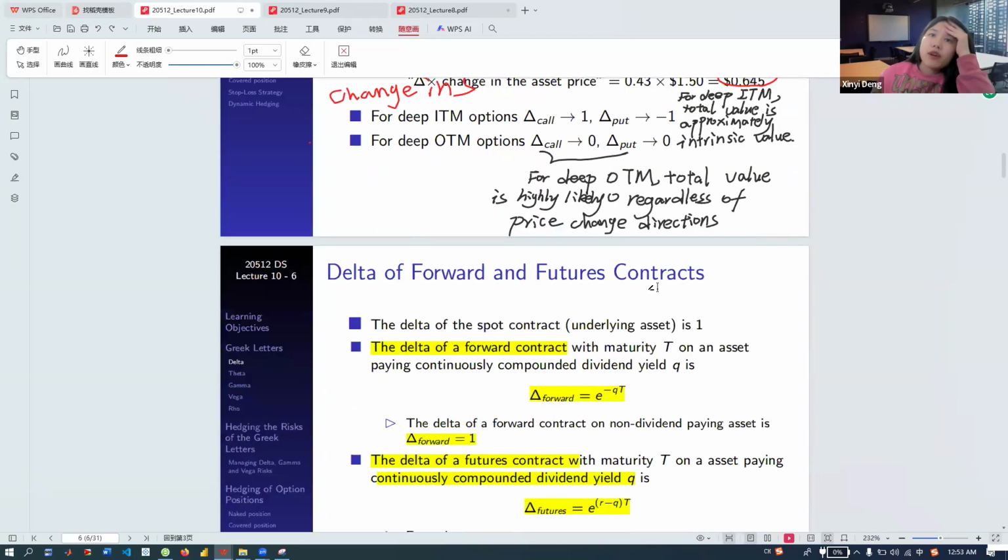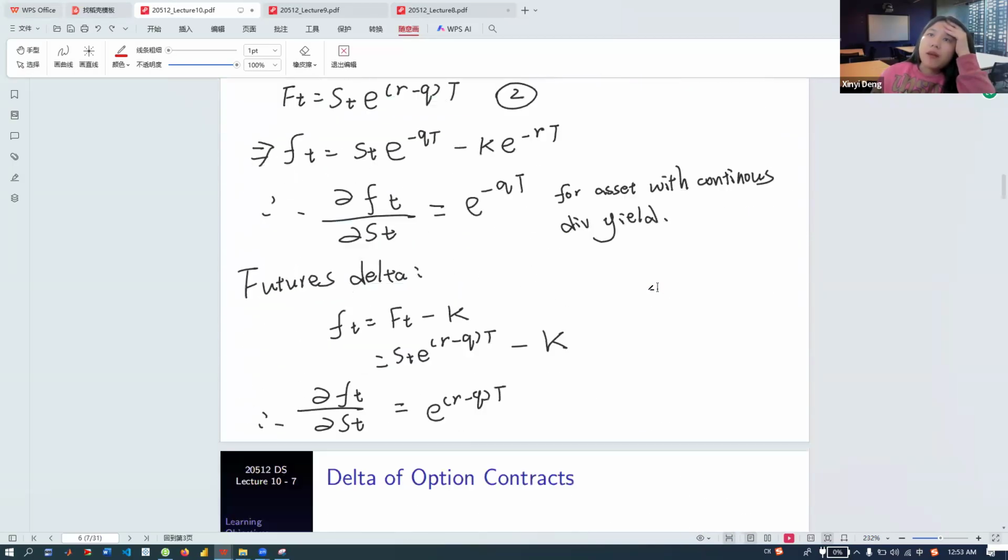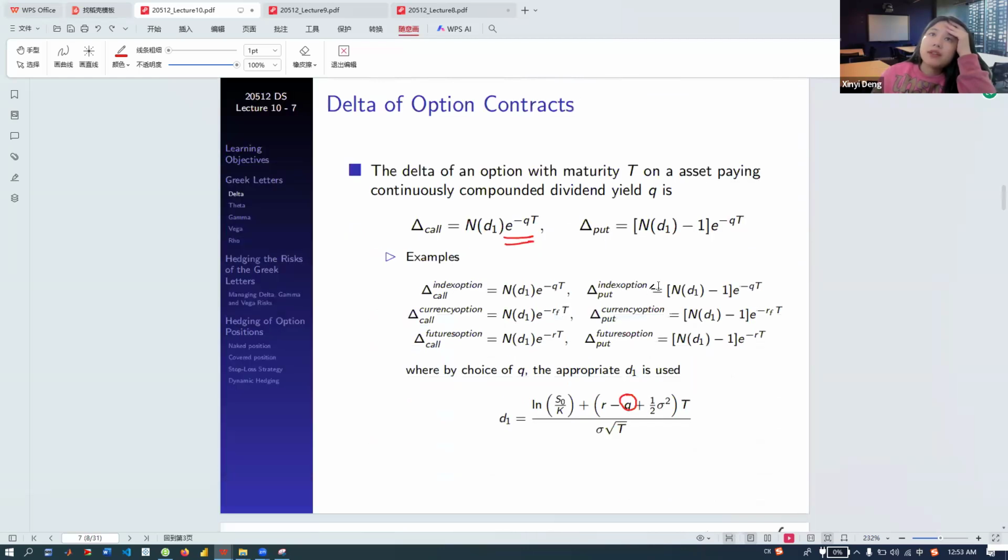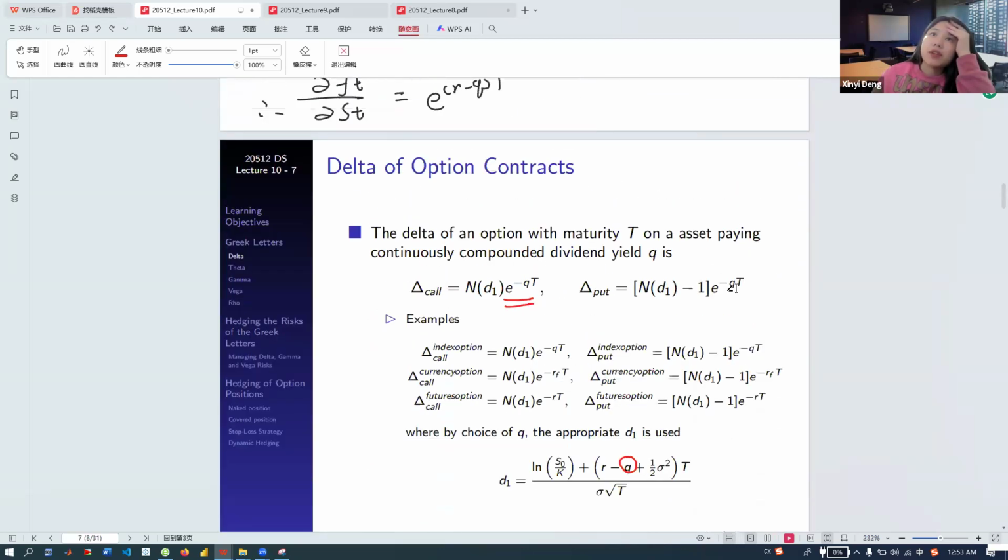But for options with continuously compounded dividend yield q, we have an extra term for the delta of call. Instead of N(d1), now we multiply by e to the power of minus qT to reflect the impact of the dividend yield. The same applies for put.